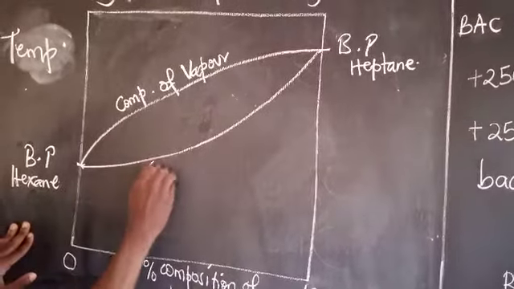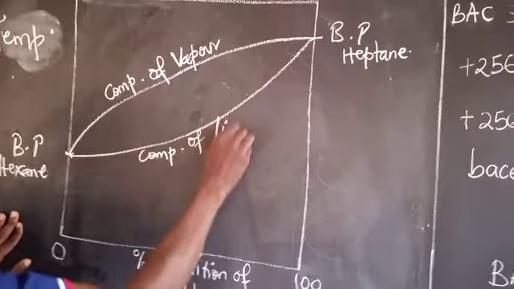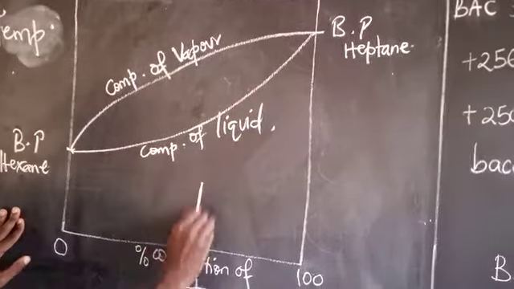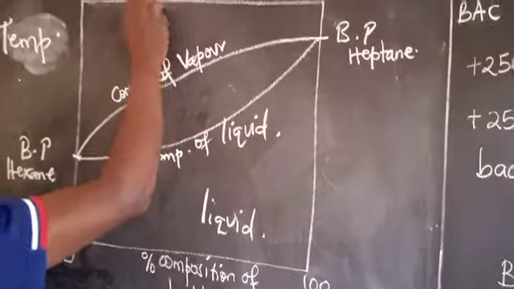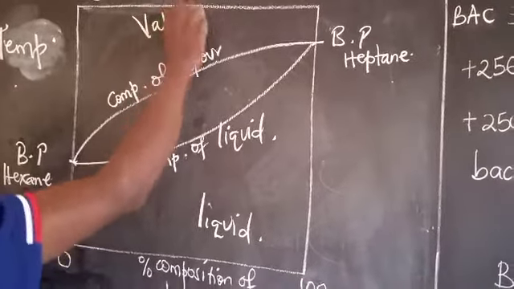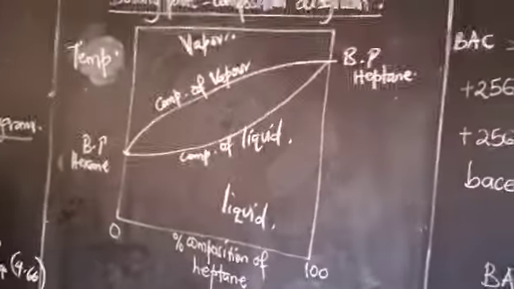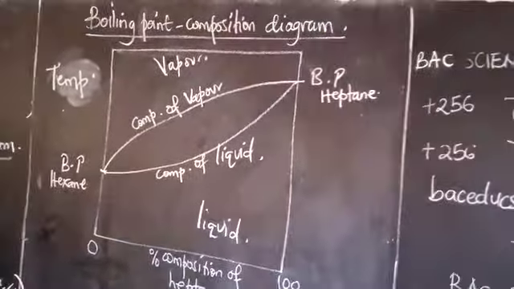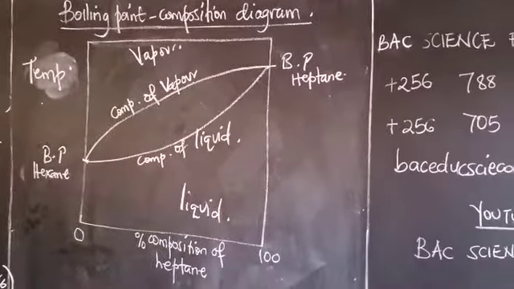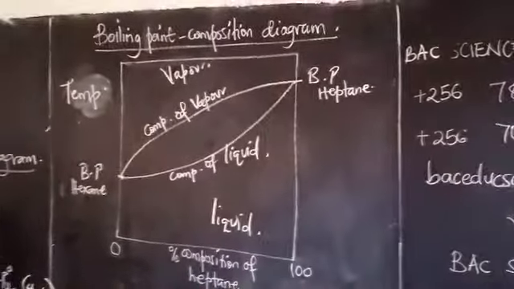But at lower temperature, you will always have the composition of the liquid. Meaning that downwards, you must have purely liquid, and upwards, you have purely vapor. And that one will be our boiling point composition diagram for a hexane-heptane mixture as an ideal solution.